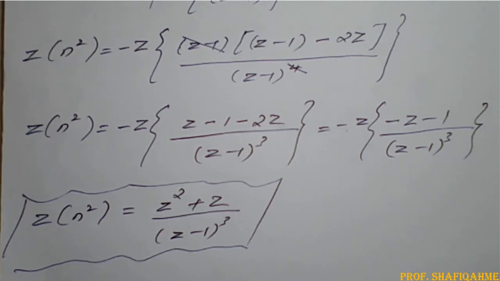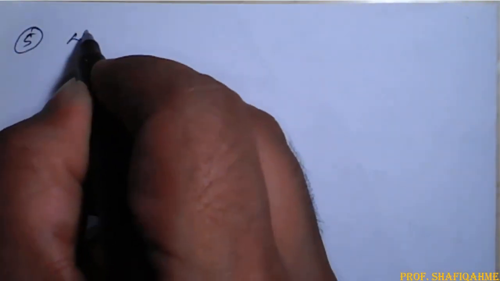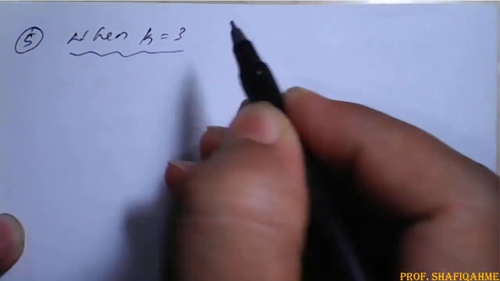Similarly, we'll go for one more result here, that is result number 5. We'll see when k is equal to 3.